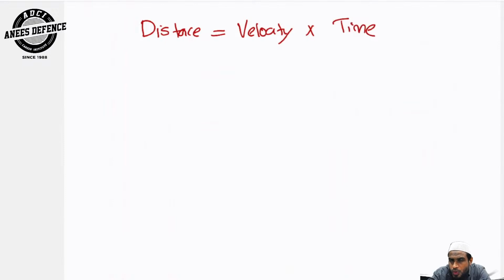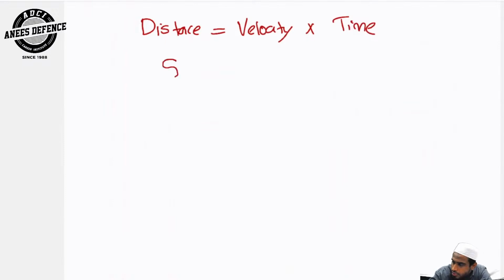Distance is equal to velocity into time. Distance I will represent with a symbol S, velocity I will represent with a symbol V, and time I will represent with a symbol small t. So V can be represented as S by t.